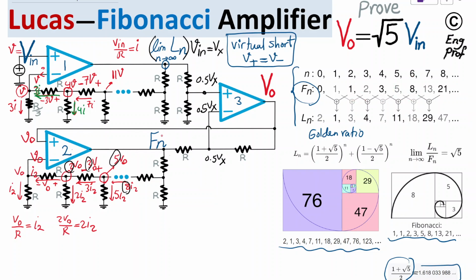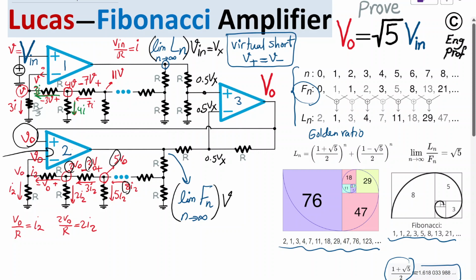So no wonder at the end we generate Fibonacci n, but similar to what I said before, effectively what we are doing is generating at this node the limit of Fibonacci number index n when n goes to infinity, and that is the gain that multiplies Vout at the input of op-amp number 2.